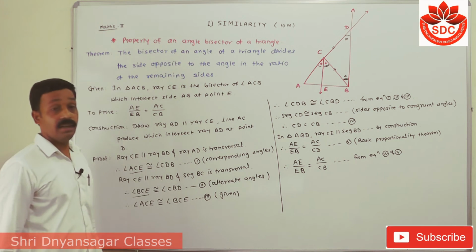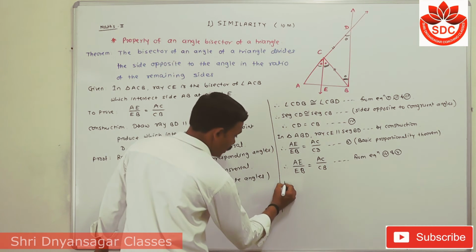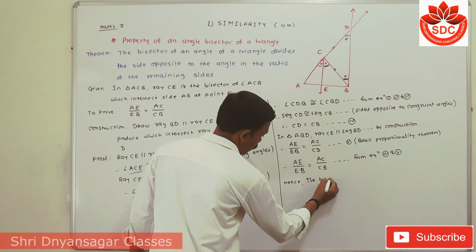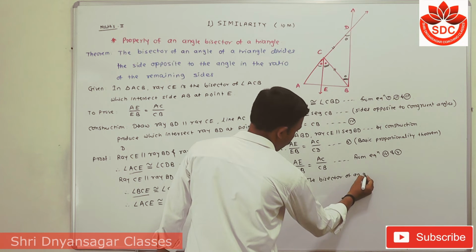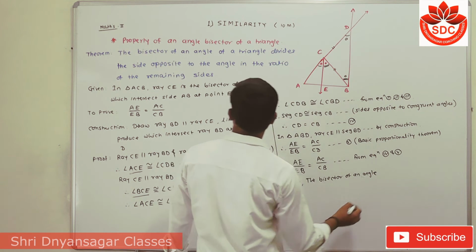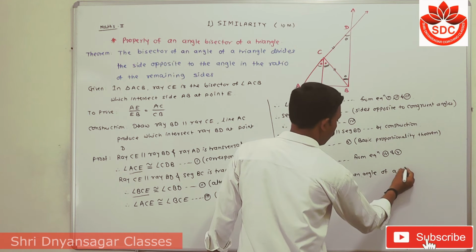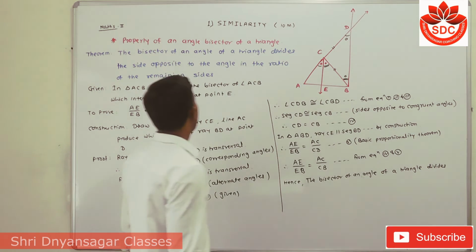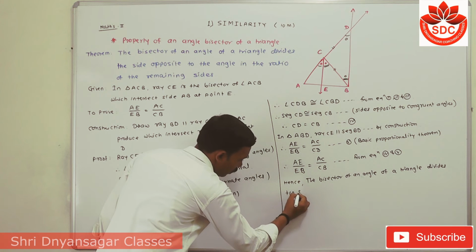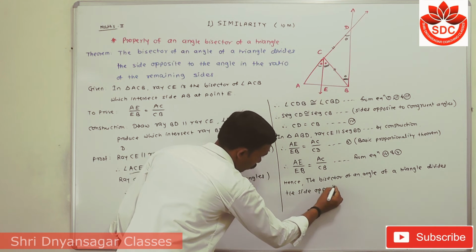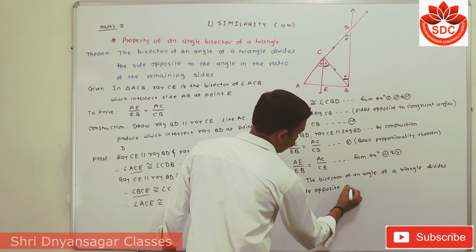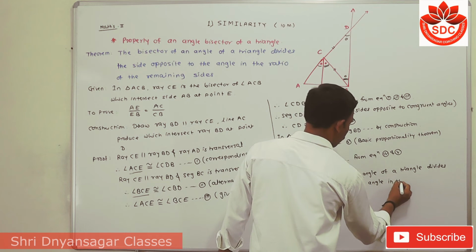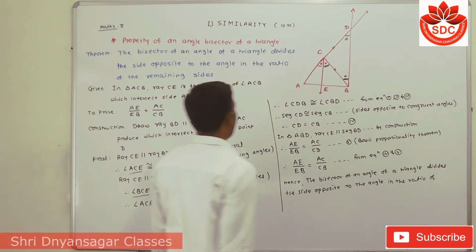Hence, we write again the given sentence: the bisector of an angle divides the side opposite to the angle in the ratio of the remaining sides.